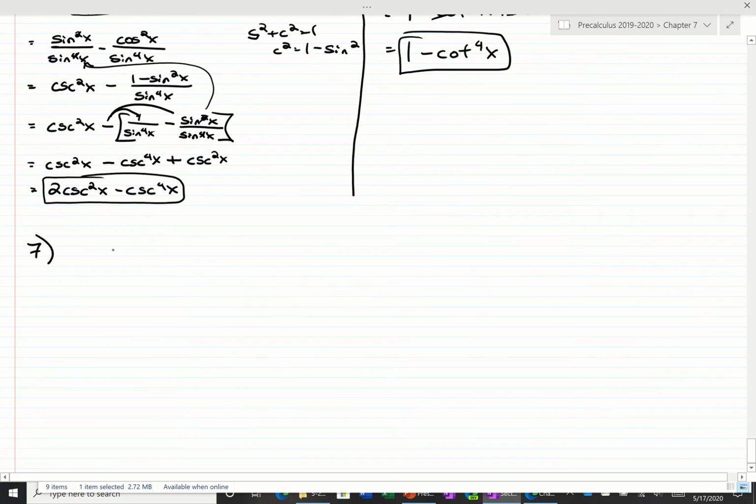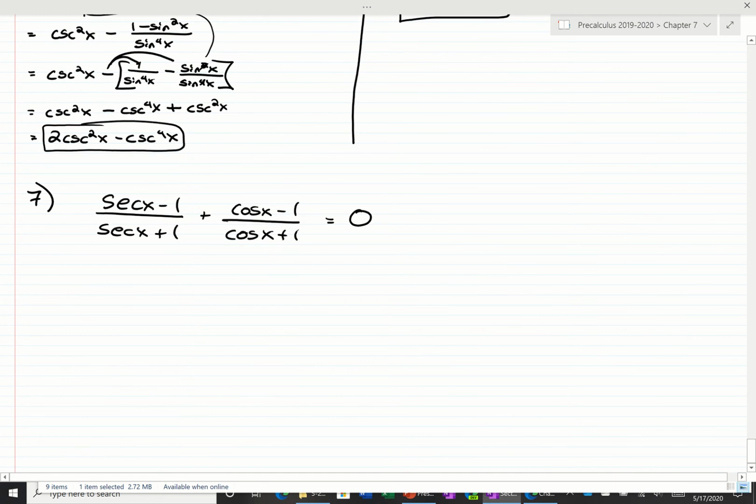Problem number 7, it says we have secant of x minus 1 over secant of x plus 1 plus cosine of x minus 1 over cosine of x plus 1 is equal to 0. So let's get a common denominator. Looks like the least common denominator would be secant of x plus 1 times cosine of x plus 1.